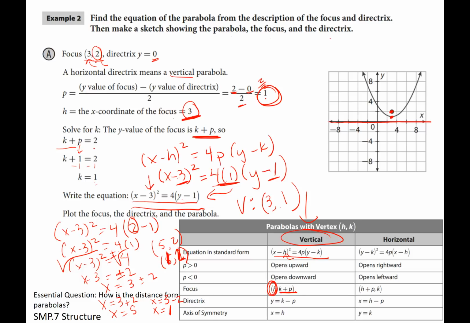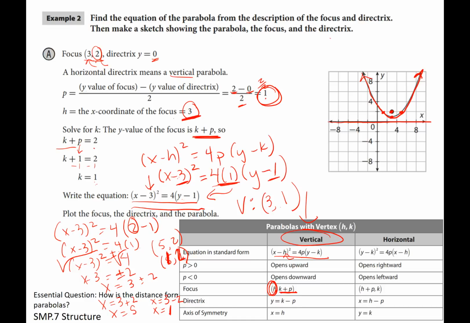The y value doesn't change. So we're going to go out 5 and up 2, which would be right here. We're going to go out 1, which is going to be here, and up 2. And then sketch our parabola through that. So similar to what we did yesterday, this calculation for those points was a little bit more complicated.